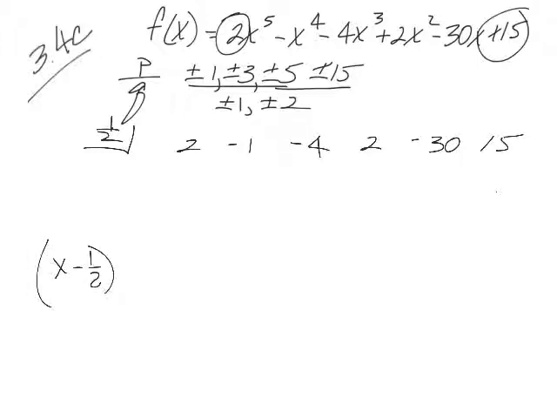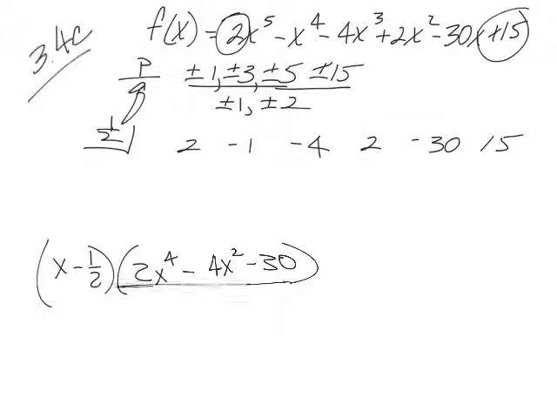And what do I have left? Well, if I use the 1 half in there using my synthetic division, I get 2x to the 4th. Notice it's 1 less than this, and it always will be when I factor out an x minus something. Then minus 4x squared minus 30.